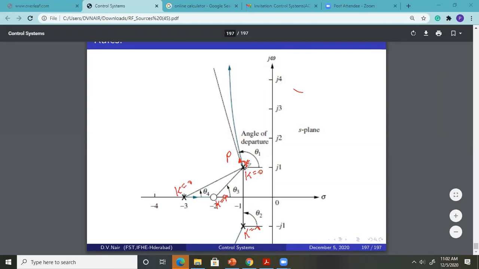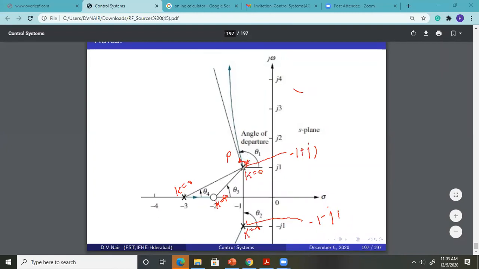What is this pole, by the way, friends? What is the position of this pole? The real part is -1, imaginary part is plus J1. This is on the positive imaginary axis. This is -1 minus J1. So the pole at -1 plus J1.